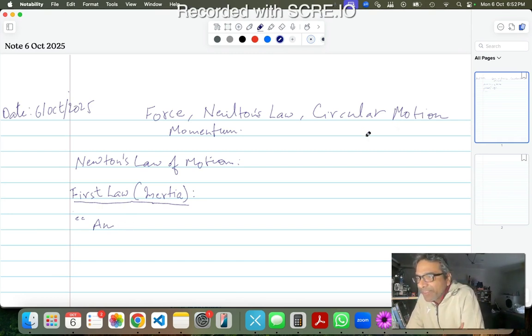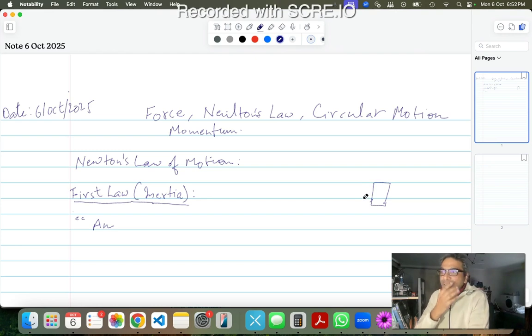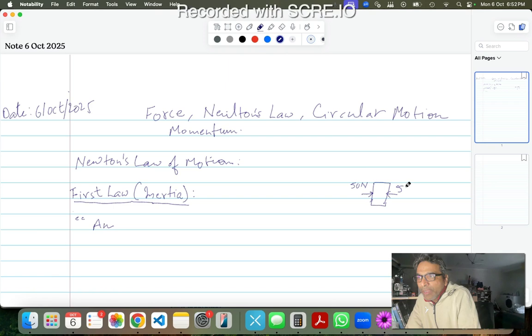Let's do an example. We have an object, and I am maybe 46 years of age and you are like 18, 19. Assume I am pushing this object from this side with a certain amount of force, and you are also pushing the same object with the same force.